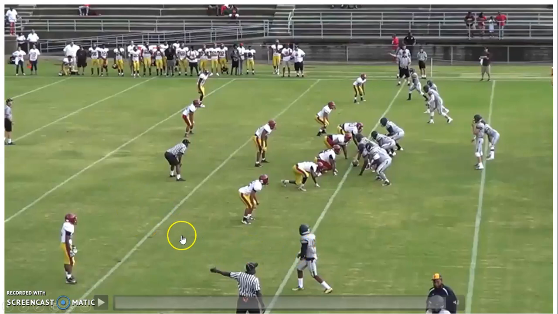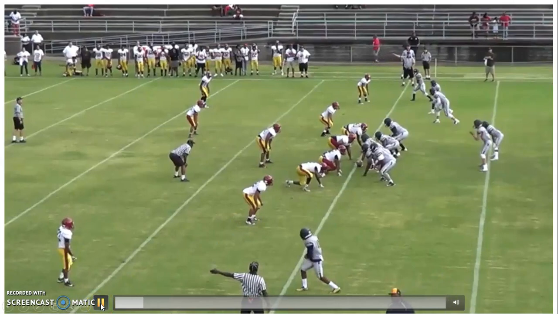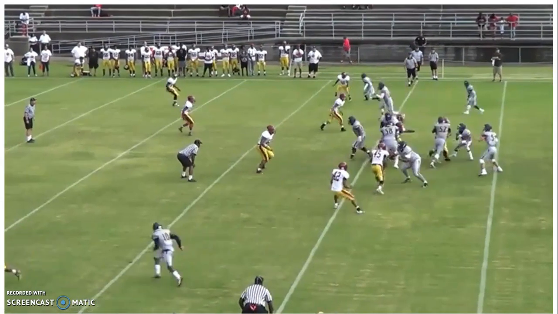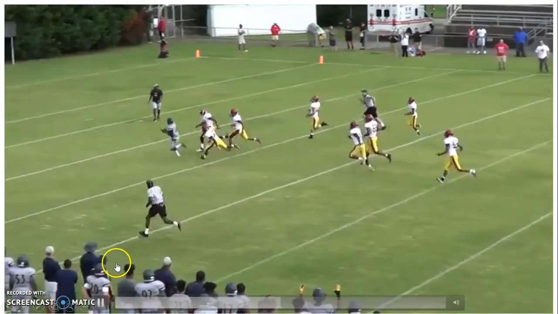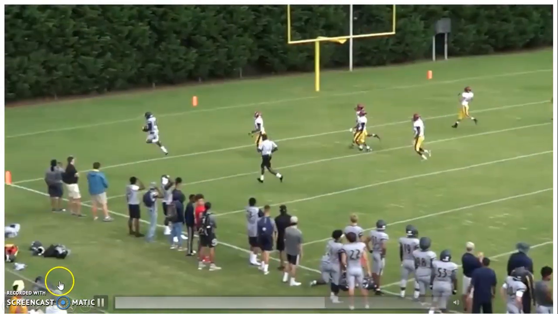So the window that he may throw the ball in, he has to be aware that this overhang guy is sitting in this first window, so he has to be aware of that and throw the ball in the window that he can fit the ball in. So we see all of that grass. He catches the ball, and everyone outruns everyone into the end zone.